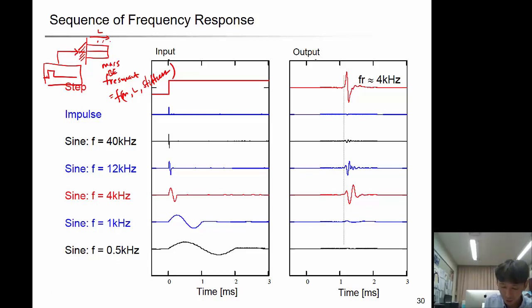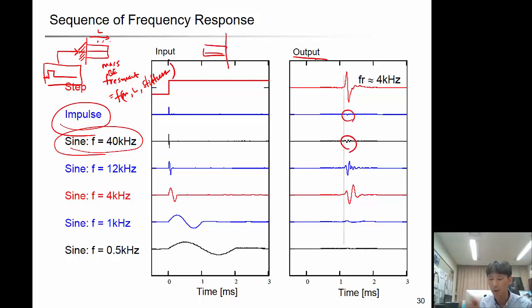So if you apply a sine signal like this or the impulse signal like this, the bender wouldn't move like that. So the received signal here is very small because the bender didn't move enough to generate sufficient energy. But as the frequency goes down, you can see 12 kilohertz, 4 kilohertz, now the signal is more clear.